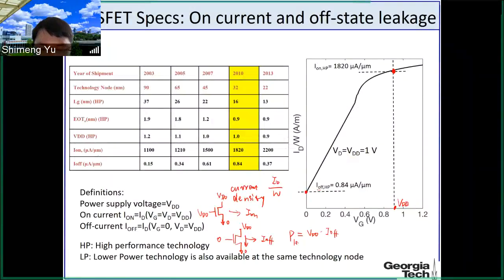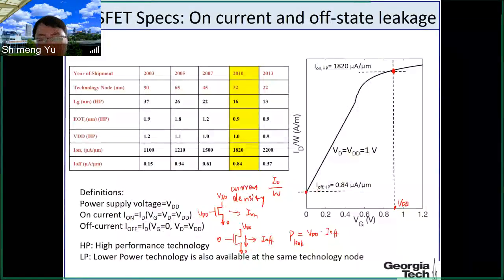This is the so-called leakage power. Why? It's like the transistor is leaking over time. So you know the power is voltage multiplied by the current. So you are consuming the leakage power of the transistor, even when the gate is 0.